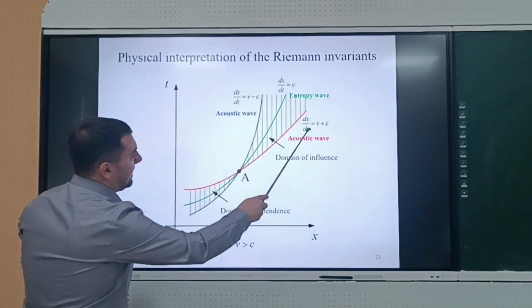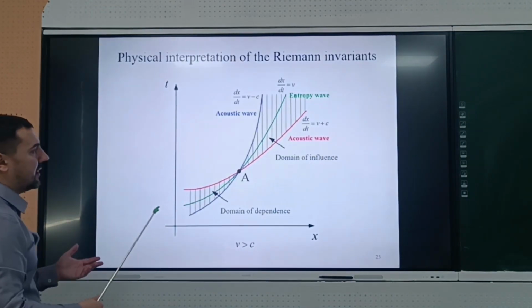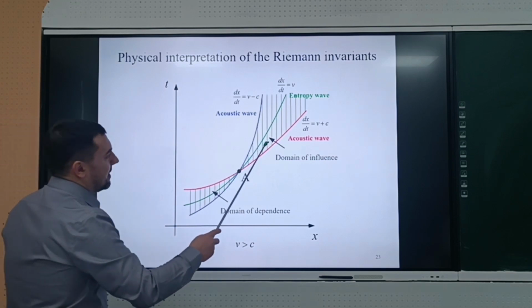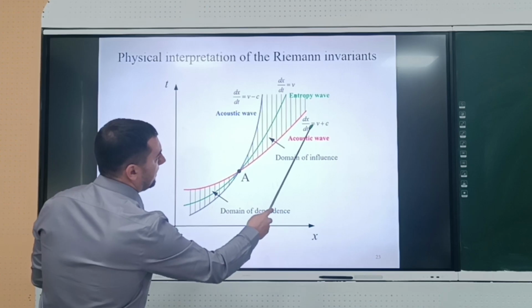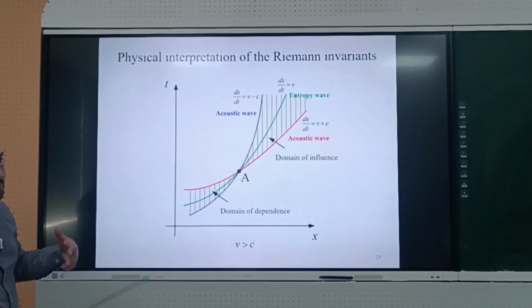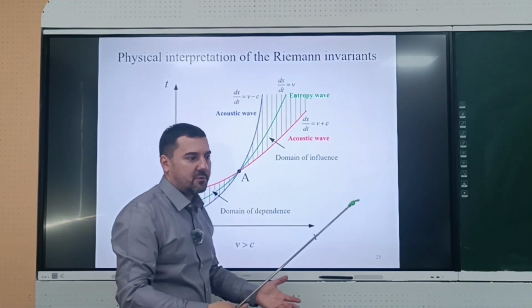Dx over dt equals v plus c and v minus c are called acoustic waves. And the problem here is that the velocity of propagation of these waves depends on c, the speed of sound, v plus c and v minus c. And that is why, again, the concept of speed of sound is very important, because the flow can be supersonic and subsonic.